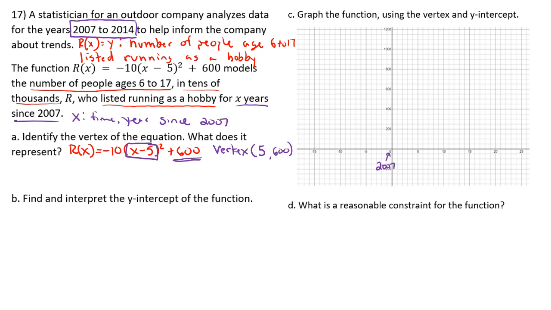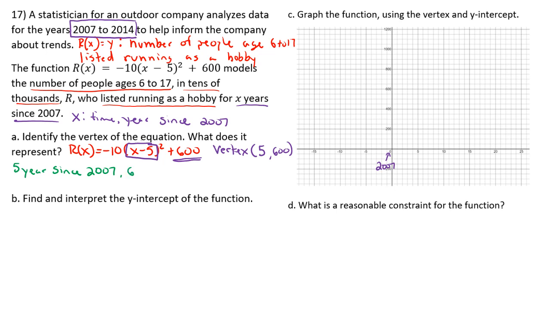Two, what it represents in the story is, since the x is referring to years and it's a 5, it's referring to the fact that 5 years since 2007. And the 600 is representing the number of people in tens of thousands from ages 6 to 17 who listed running as a hobby.